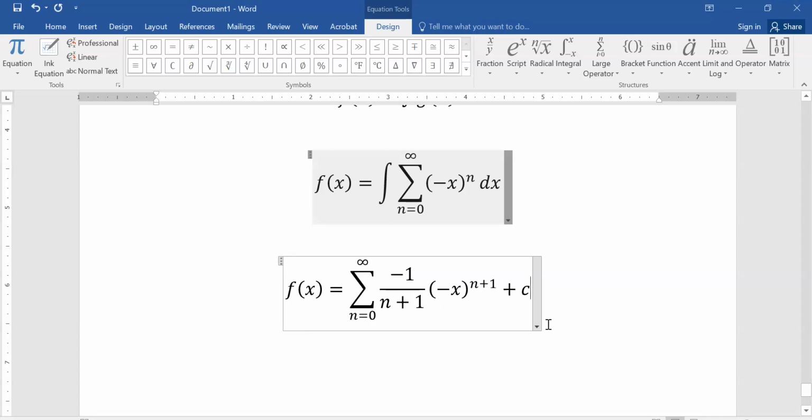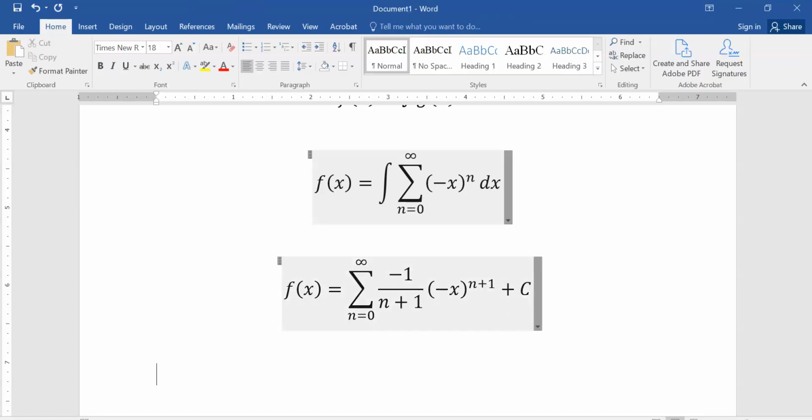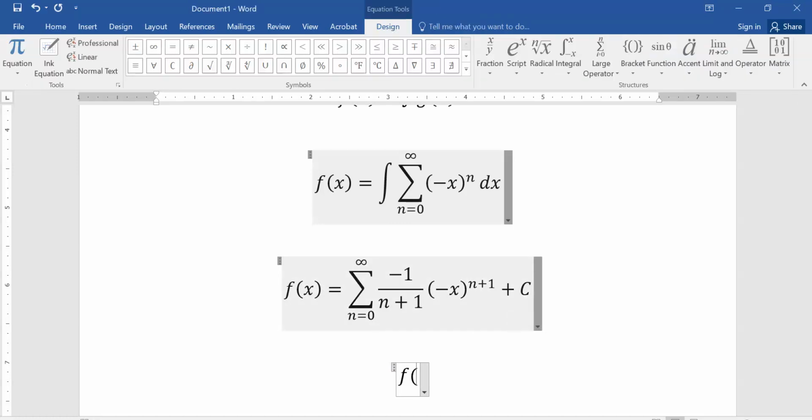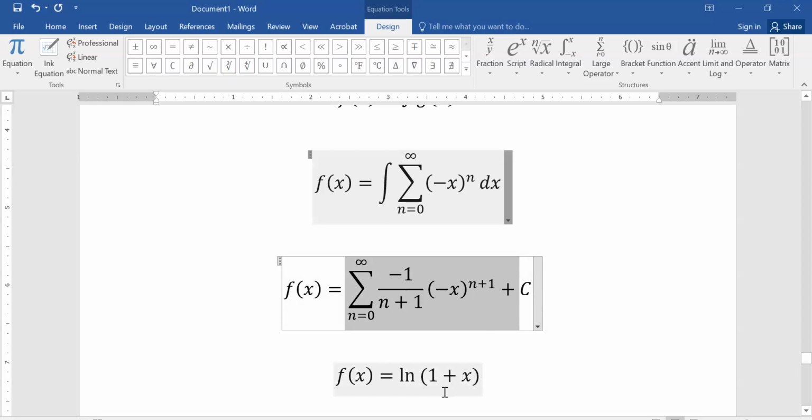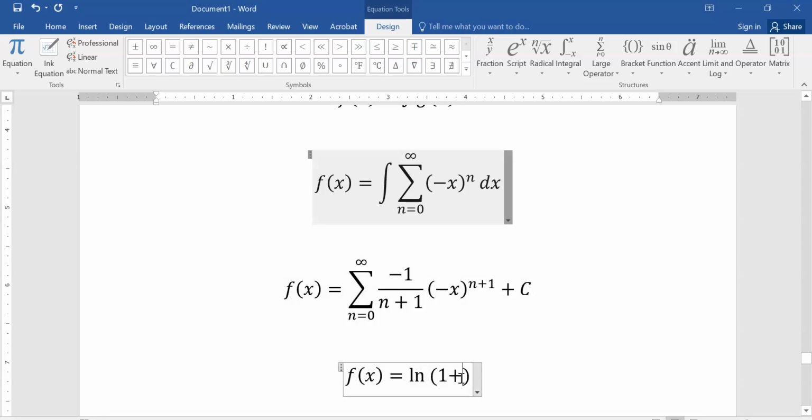You can figure out what that constant is in this situation, because remember, we know that f of x is really a representation of natural log of 1 plus x. So if you plug in, for instance, 0, all of this summation goes away and you just end up with c. So if you plug in 0 for x, natural log of 1 is 0.